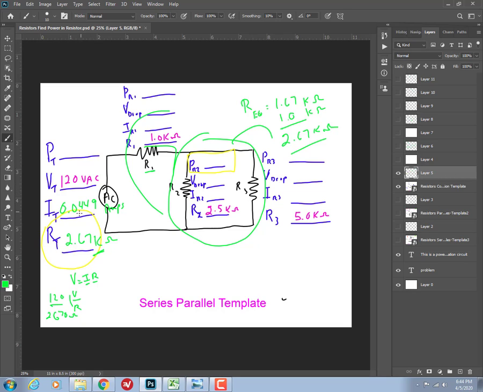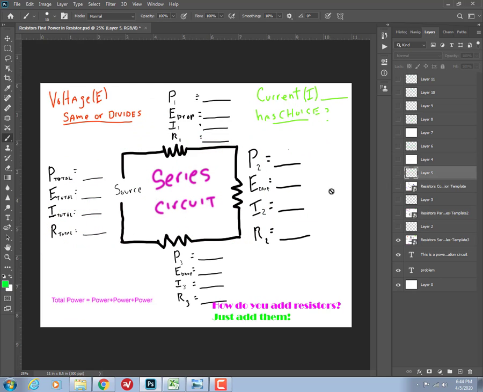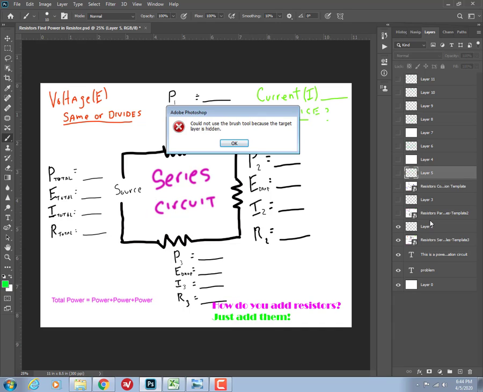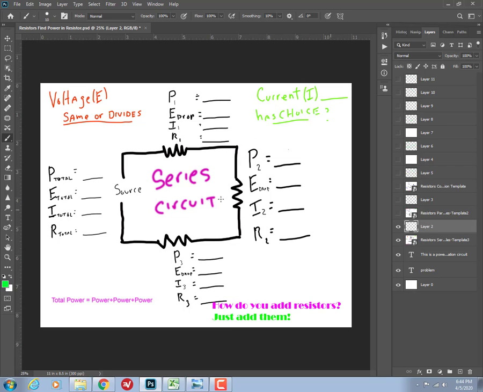Now, from what we know of a series circuit, let's review series. In a series circuit, the current is always the same. Current has no choice. So current is the same all the way around.